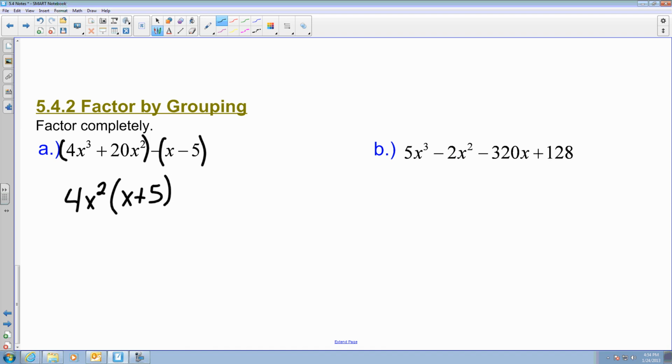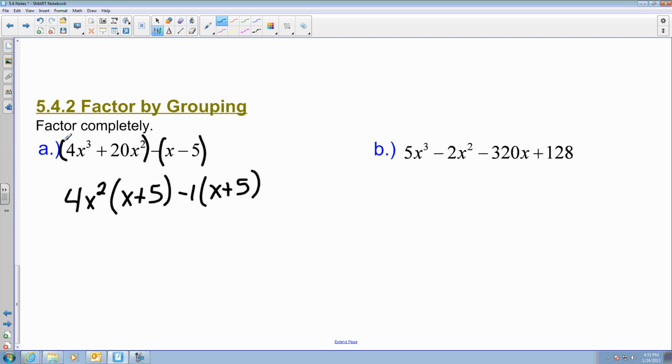Then I have a minus, and I can pretend this is a 1 here, and inside this parenthesis I can say it's x plus 5. The reason I can say it's x plus 5 is because if I multiply and distribute this negative 1, it would mirror exactly our problem initially.